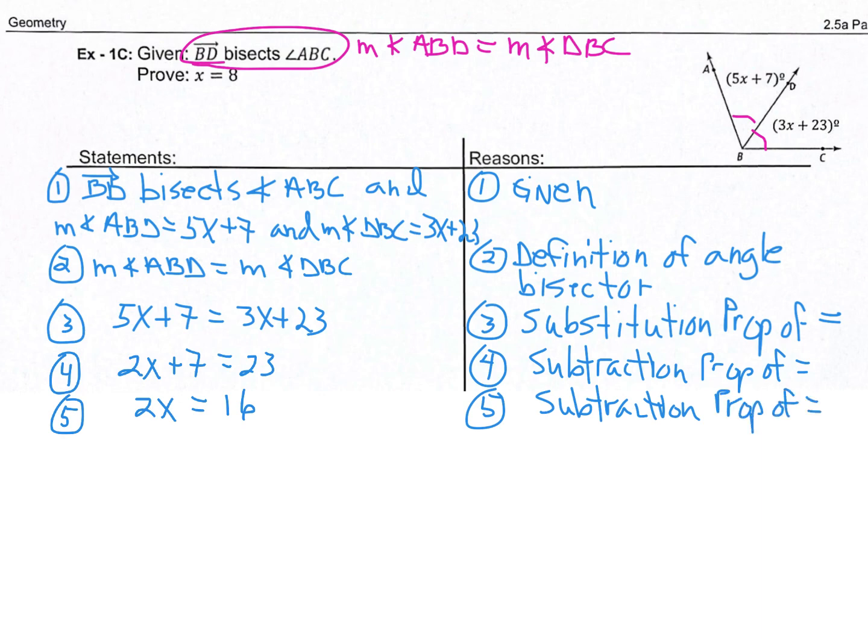Okay, and then finally, we get to where you divide both sides by 2, and you do get your proof statement of x equals 8. And so that is the division property of equality.